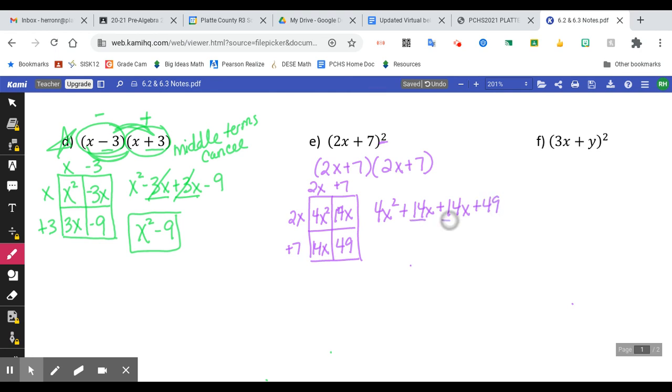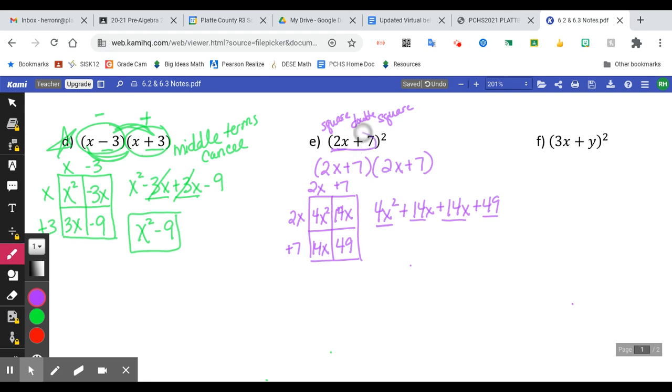Well, if you look at the significance with these numbers, 14 and 49, and this is a 7, you'll notice that basically what we do is called square, double, square. Square, double, square means that if you look here, you have the first number has been squared. 2 squared is 4, x squared is x squared.